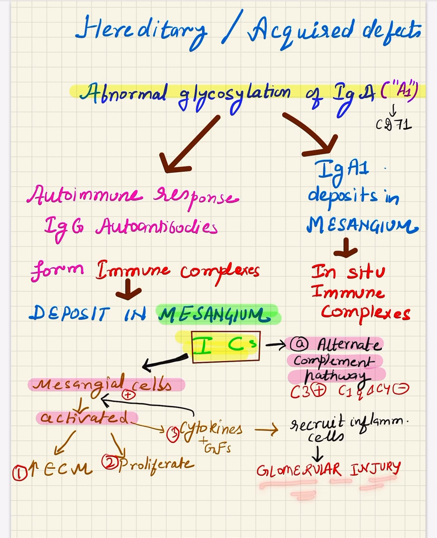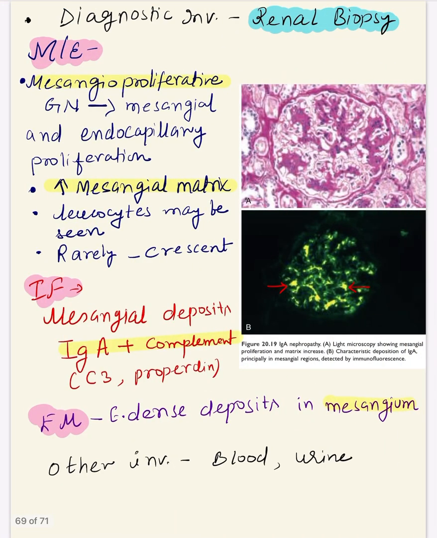So this is how IgA molecules will cause injury to the glomerulus and ultimately deterioration in renal function. Now for the diagnosis, most important is the renal biopsy. In the renal biopsy, we stain the tissue with H&E, and we see mesangioproliferative glomerulonephritis. So there is proliferation of the mesangium.